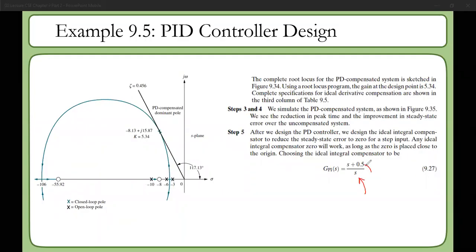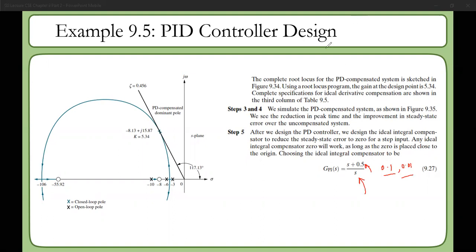This nearby zero is not a bit farther, but this is how we are experimenting. The closer the better. We could have taken this, or we could have taken this, so it doesn't make any difference. Bottom line, the pole at the origin will eliminate the steady state error.